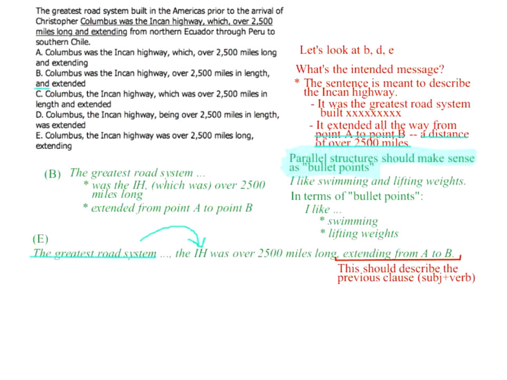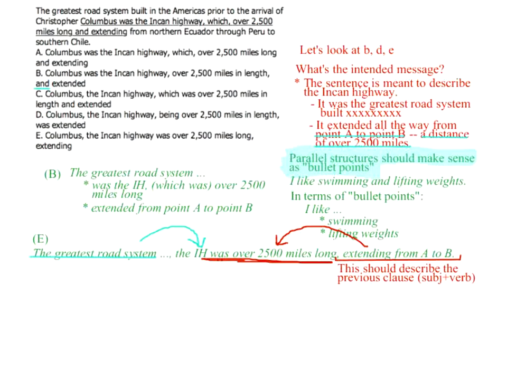So this should be telling us more about the Aiken Highway was 2,500 miles long, and in fact, that's precisely what it does. This is a very good construction because it tells us more about the 2,500 mile stretch of highway. In particular, that 2,500 mile stretch is from point A to point B.